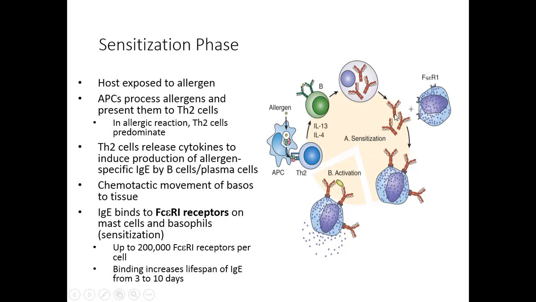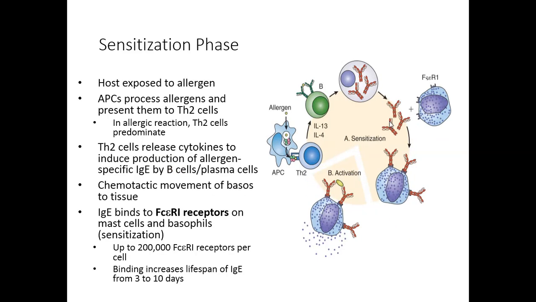Plasma cells produce it, they bind off. So not only have we produced a lot of IgE, but we've increased the longevity of the effectiveness of IgE. So if you take those two things into consideration, you'll see why all of a sudden we're starting to set ourselves up for kind of the perfect storm of a hypersensitivity reaction, of a prolonged hypersensitivity reaction.